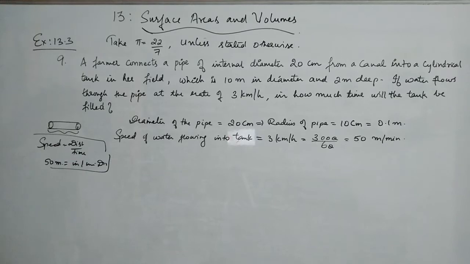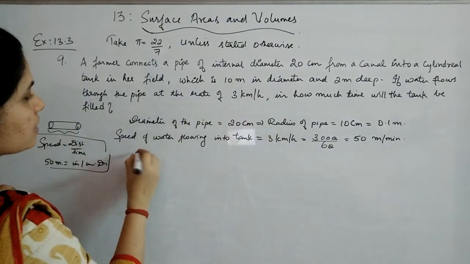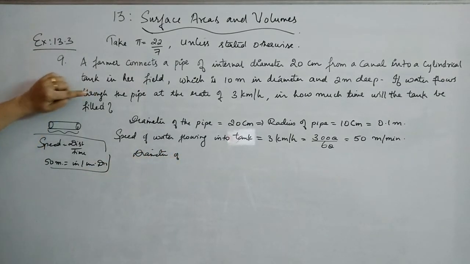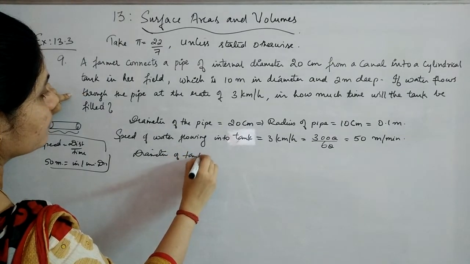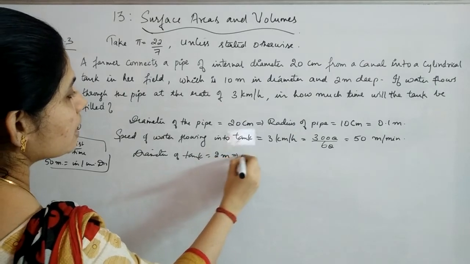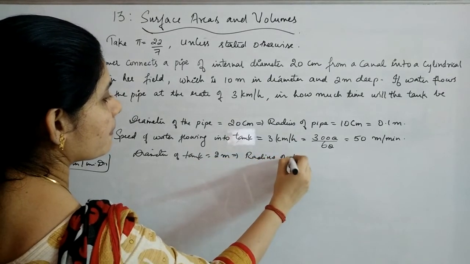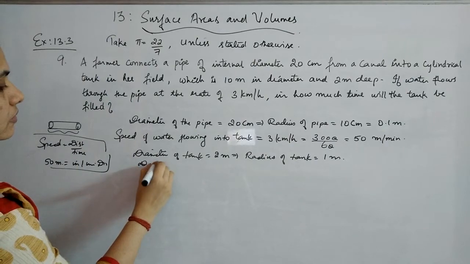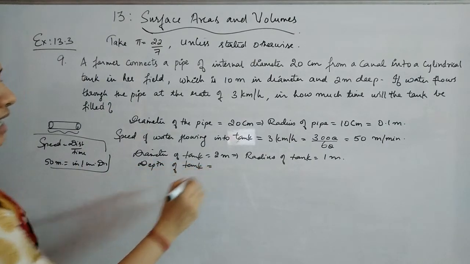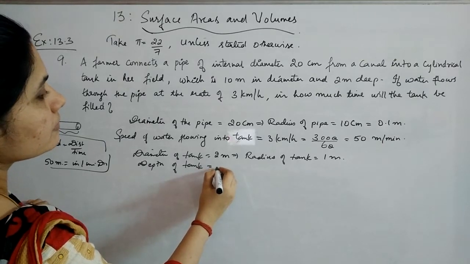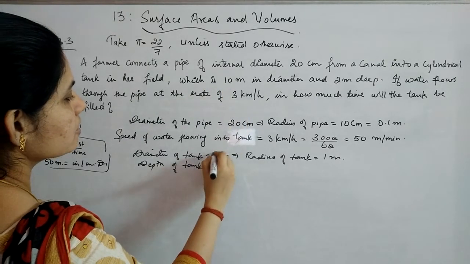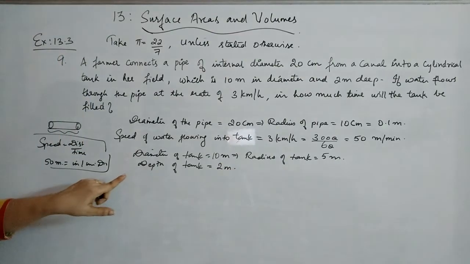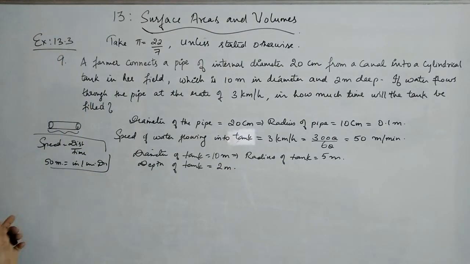For that, the other thing given, we need not change: the diameter of the tank is 10 meters, so the radius of the tank is 5 meters, and the depth of the tank, which acts as the height, is given to be 2 meters. Now we will just equate the volumes of both the things.